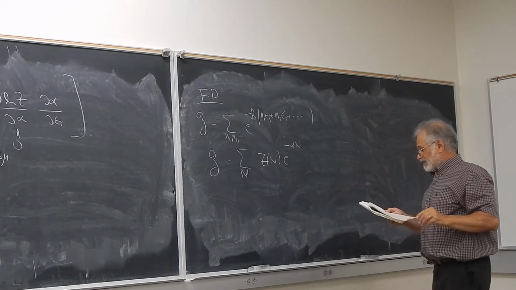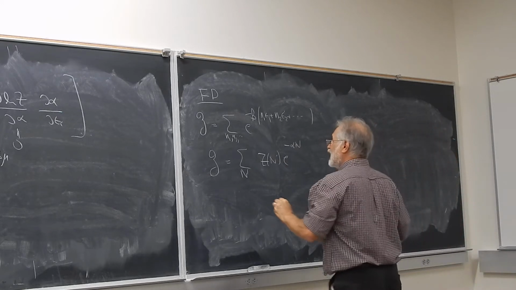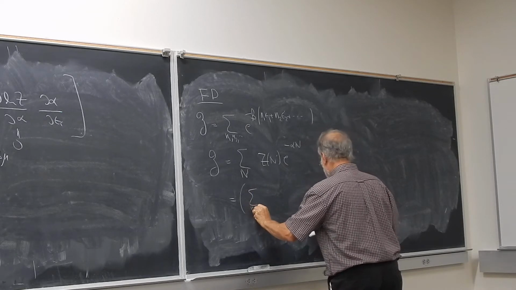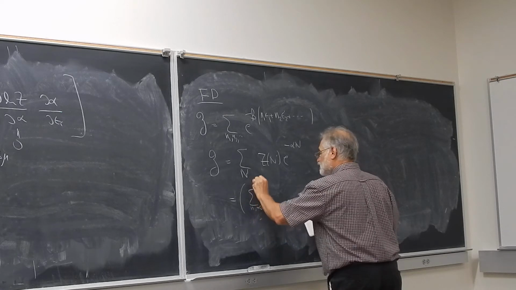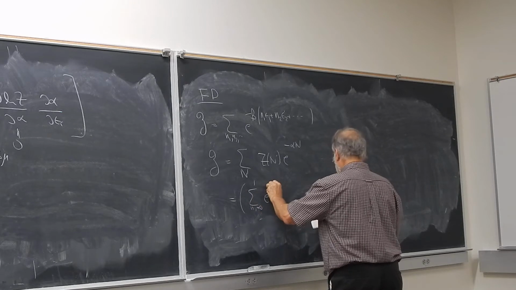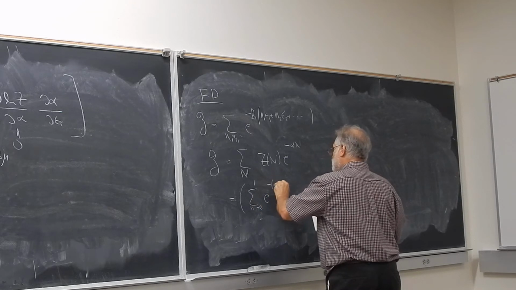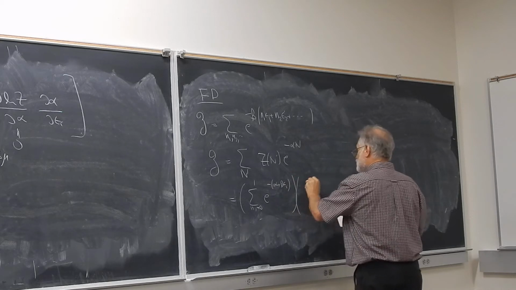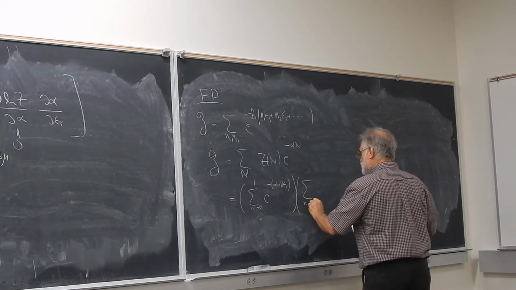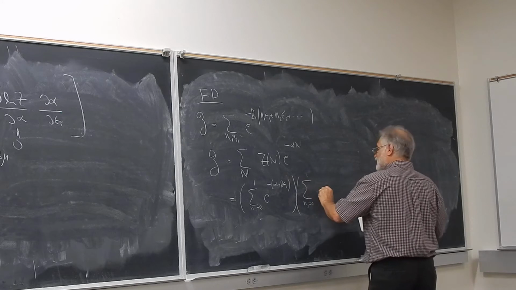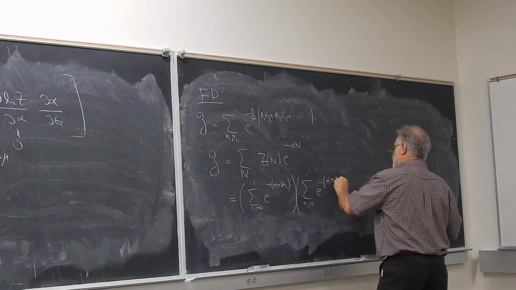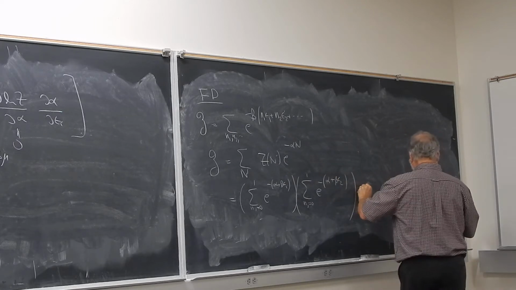Now, as we did before, I can write this then as the sum n1 equals 0 to 1 of e to the minus alpha plus beta e1, the sum n2 equals 0 to 1 of e to the minus alpha plus beta e2, and so on up the line.